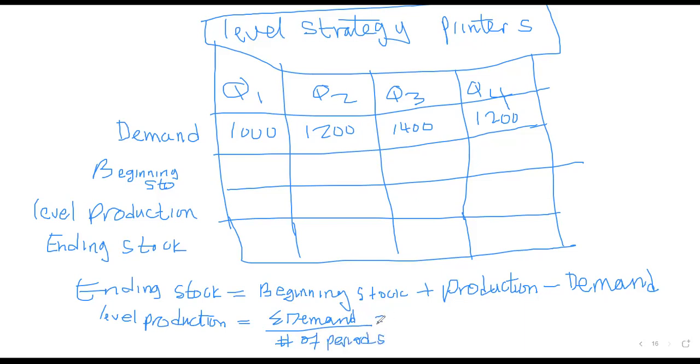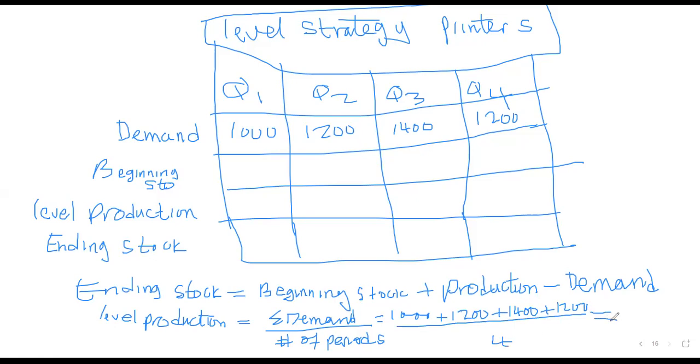So which means it's 1,000 plus 1,200 plus 1,400 plus 1,200, and divide these by 4.